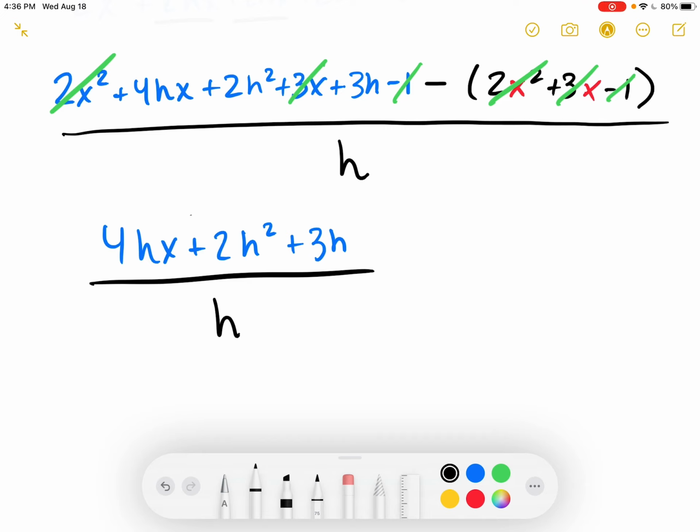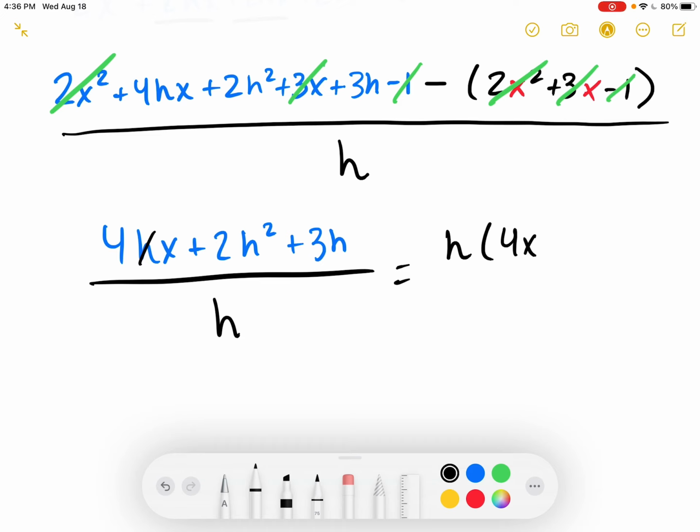What you're going to do here is find the greatest common factor, and all of these terms share an h, right? So we can factor out an h. So we're going to rewrite this as h times, and when you factor something out, you're dividing each term by what you factored out, right? So 4hx divided by h is just 4x. The h gets canceled out right there.